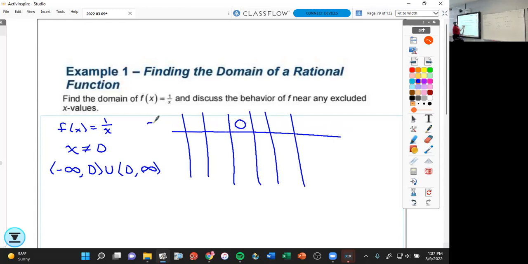Okay, so here are some x values, and let's go with, I don't know, -3, -2, -1, 0, 1, 2, and 3. And let's see what's happening.